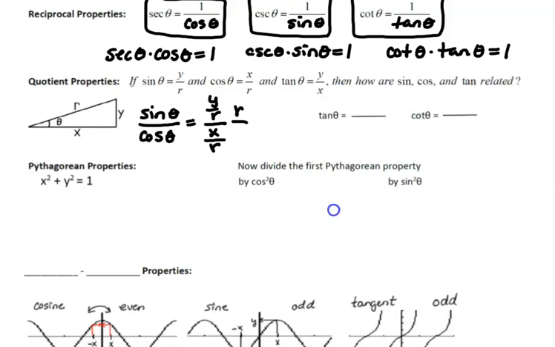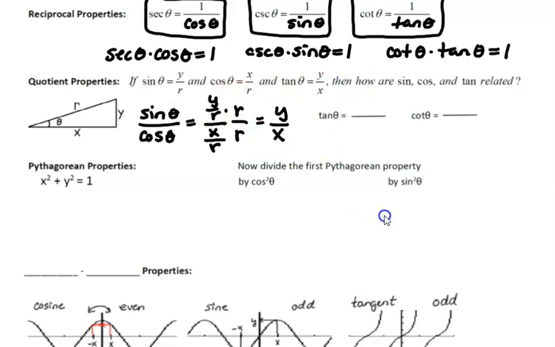So let's say if I multiplied this fraction by r over r. So y over r times r would just give me y, and x over r times r would just give me x. So if I multiply numerator and denominator by this common denominator here, then we just end up with y over x. Well, of course, y over x is tangent of theta.